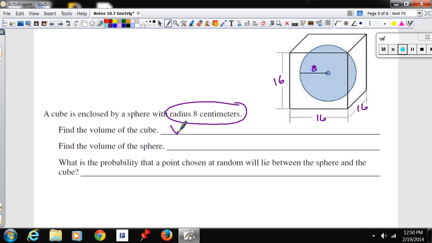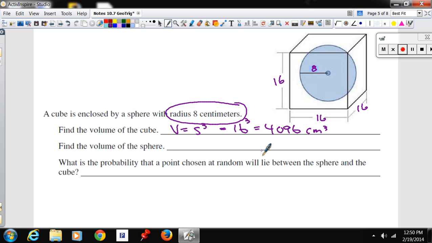The volume of a cube we learned was side cubed. So in this case it's 16 cubed, which is 4,096 centimeters cubed. That's how much would fit inside of the cube. Not the sphere, that's the cube. So if I wanted to put a bunch of little centimeter cubes in there, I could fit 4,096 of them.